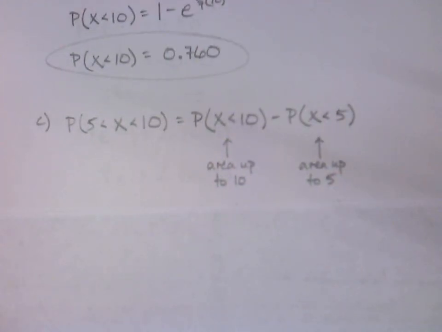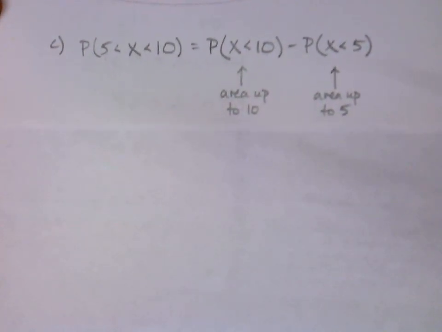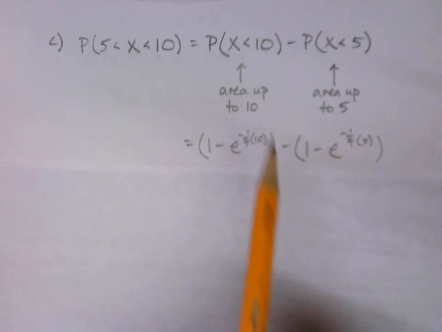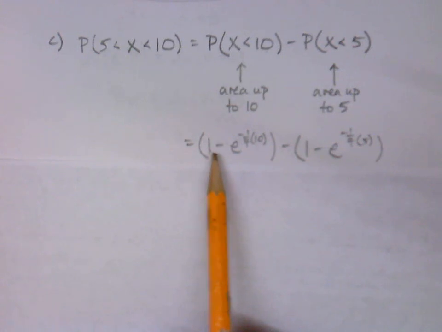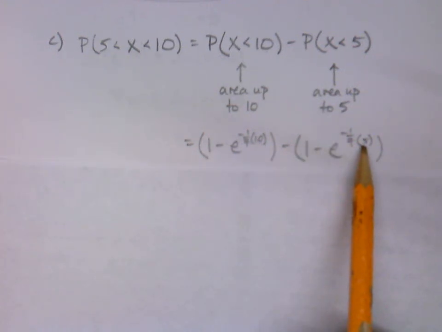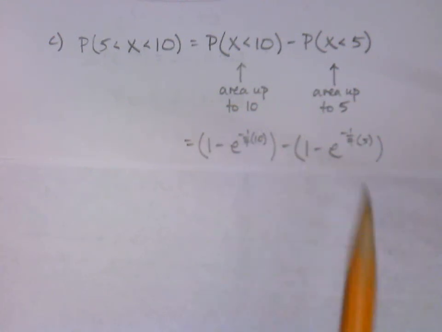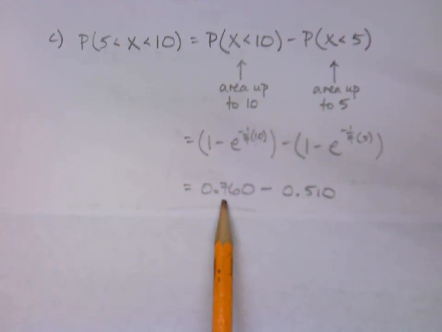So, all right. If that makes sense, hopefully, and hopefully I'm not going too quickly here. Now we can apply our formula twice. For x less than 10, I've got my cumulative distribution function plugging in 10. For x less than 5, same thing, plugging in 5. I'm going to put big parentheses around them both because I'm going to subtract. If I do this calculation, well, I already did that a moment ago.